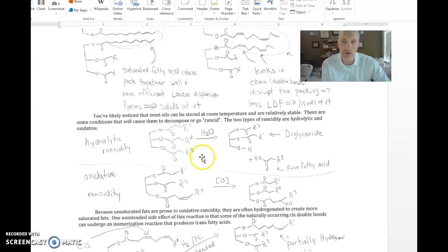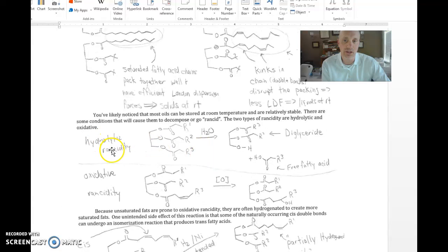The reason they call it hydrolytic is the hydro part means water and the lytic means breaking apart. So you're literally breaking a bond using water. In this case, you would be breaking the ester functional group apart.